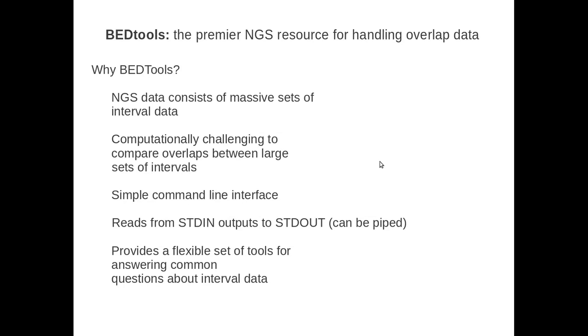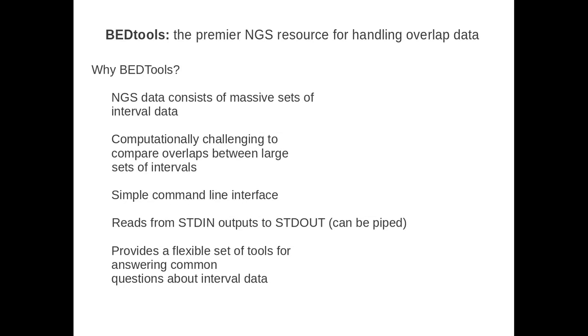So BedTools is really the premier software for analyzing this type of data. There are other software available. You may someday encounter a type of software called Kent Tools, which has some early attempts at calculating interval data.